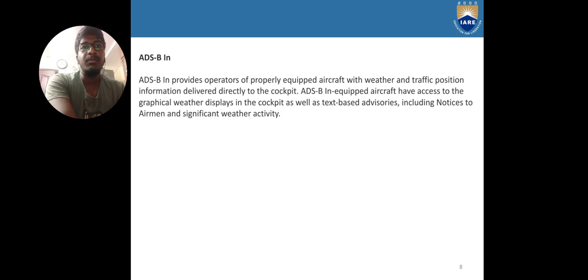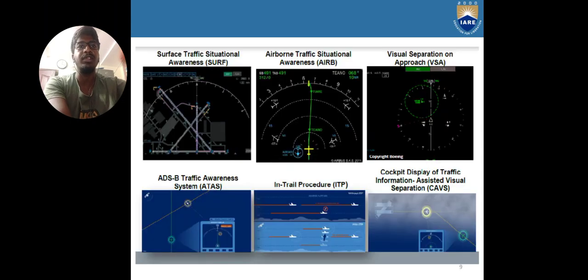ADS-B In provides operators of properly equipped aircraft with weather and traffic position information delivered directly to the cockpit. ADS-B In equipped aircraft have access to graphical weather displays in the cockpit as well as text-based advisories, including notices to airmen and significant weather activity.